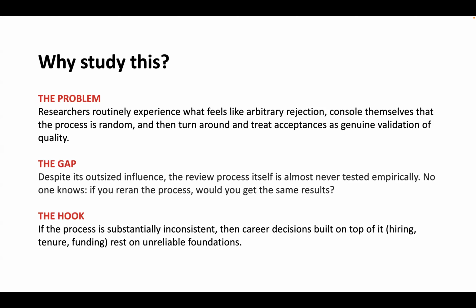And that's what this study was about. And the hook for this study is, if the final discovery is that the process is actually inconsistent, then it's an alert and alarm for the academy, right? Because a lot of big career decisions about people in academia are built on top of it.